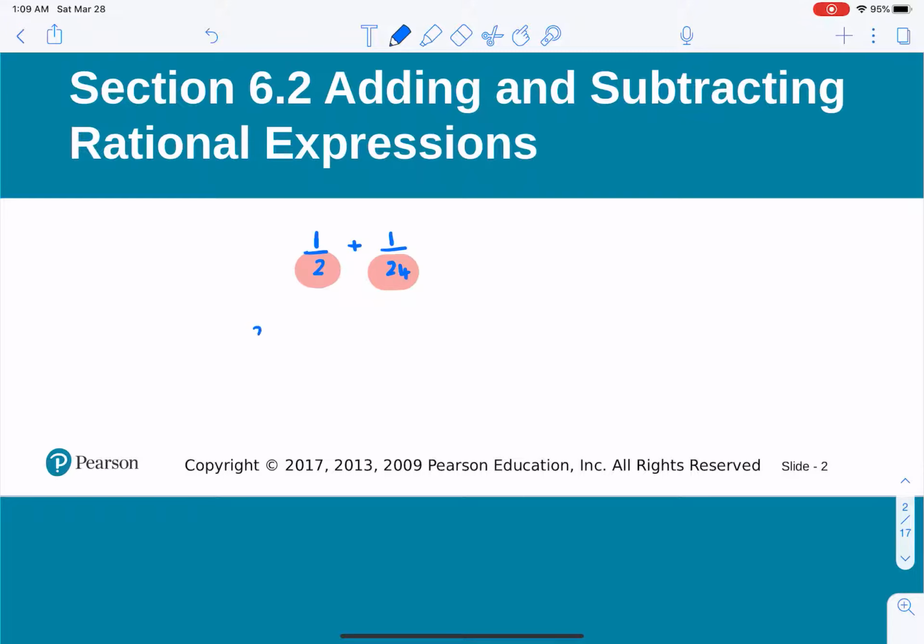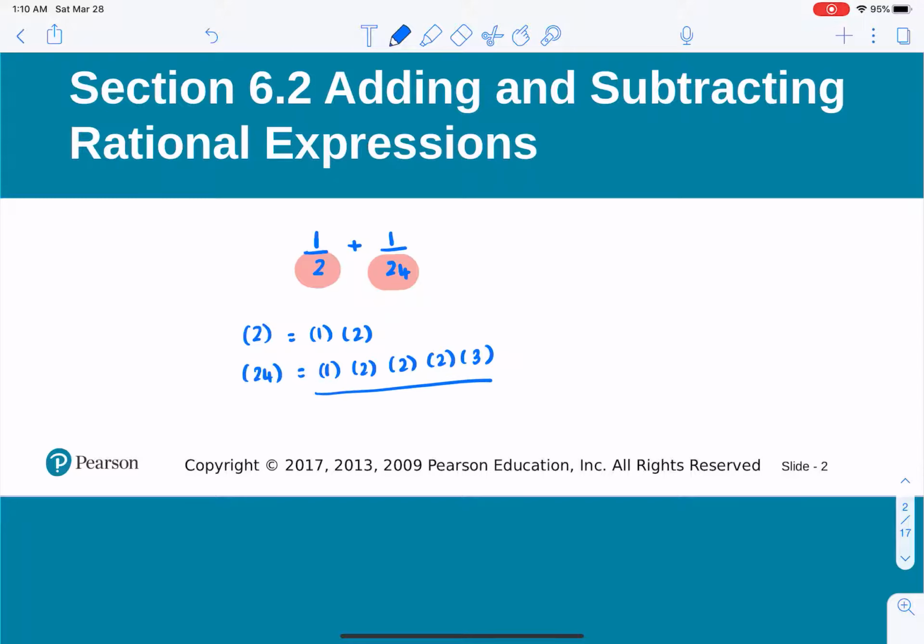So let's take the first denominator, which is 2. We could write that as 1 times 2. The second denominator is 24. We could write that as 1 times 2 times 2 times 2 times 3.